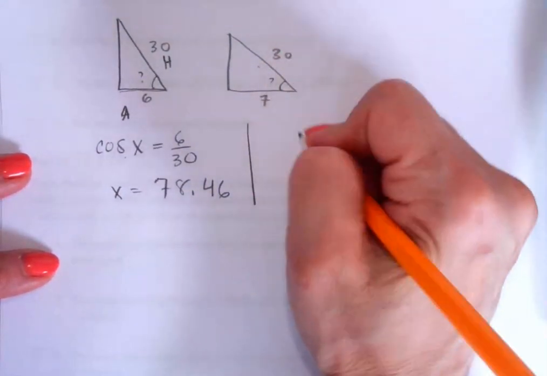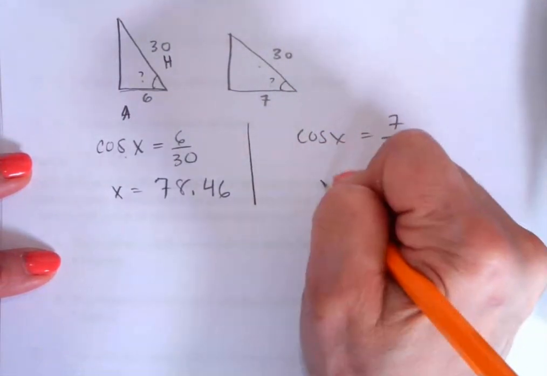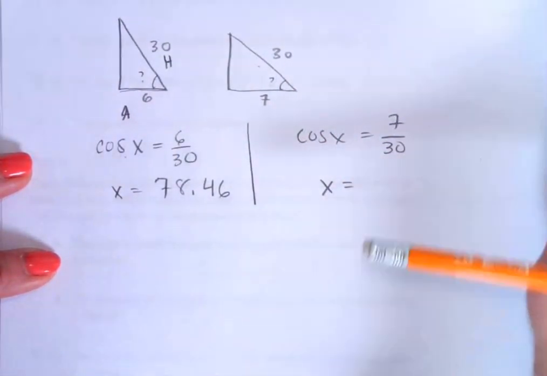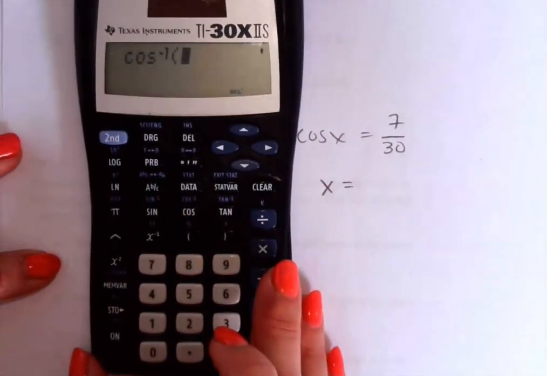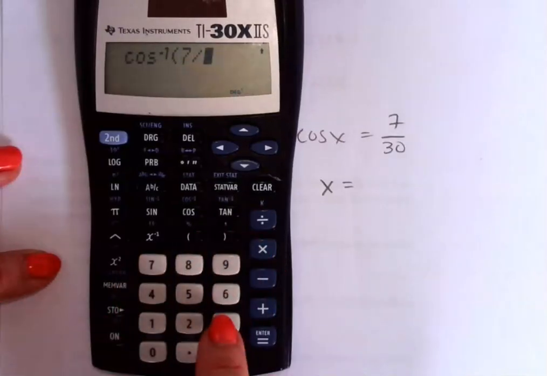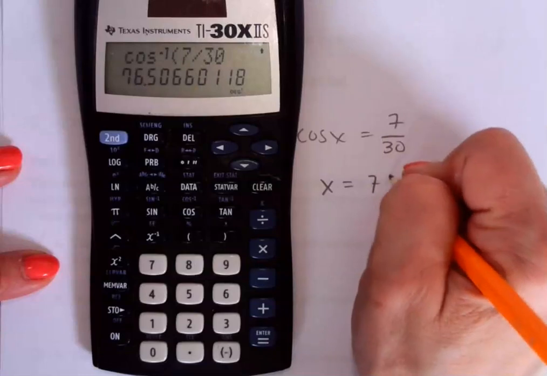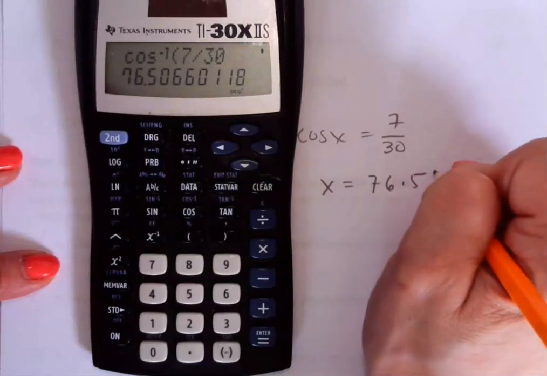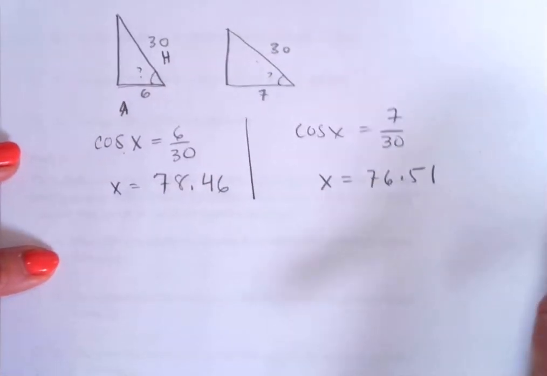And then this one will be cosine of x equals 7 over 30. Let's check that out. Inverse cosine, 7 divided by 30 is 76.51. So we clearly went down.